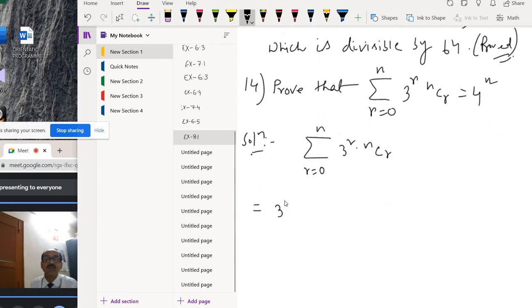So 3 to the power 0 into nC0, plus 3 to the power 1 into nC1, plus 3 squared into nC2, plus ... last term, 3 to the power n into nCn.